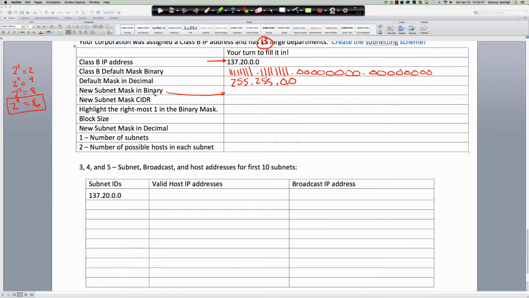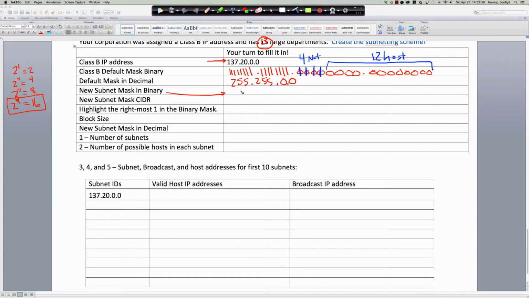So the new subnet mask in binary. So if it's 2 to the 4, how many host bits do I need to borrow and convert into network bits? Exactly, we need to borrow 4. So we're going to have 12 host bits left after I borrow these 4 network bits, right?